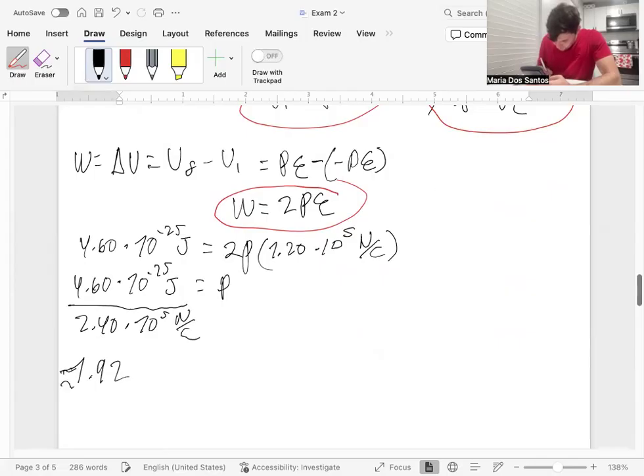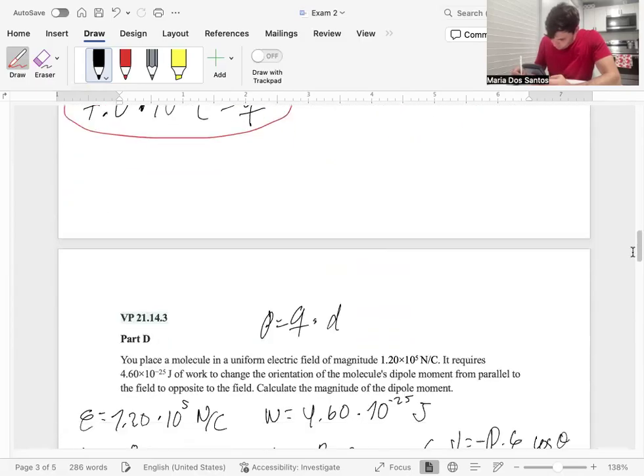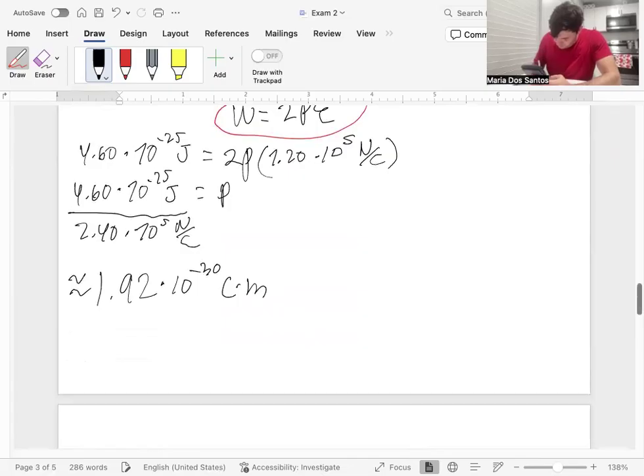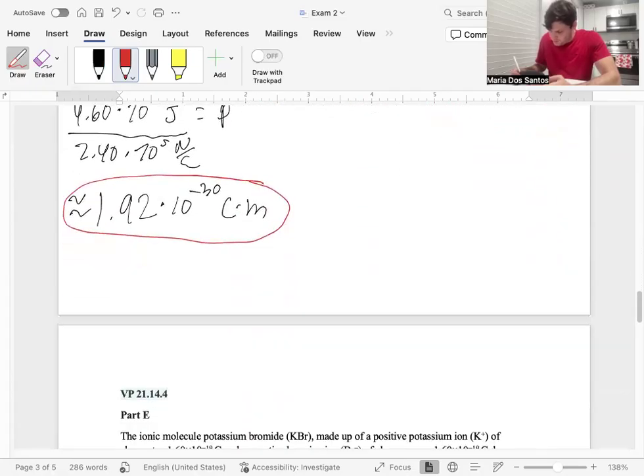Hopefully, this will be the answer for the dipole moment, the magnitude of the dipole moment.